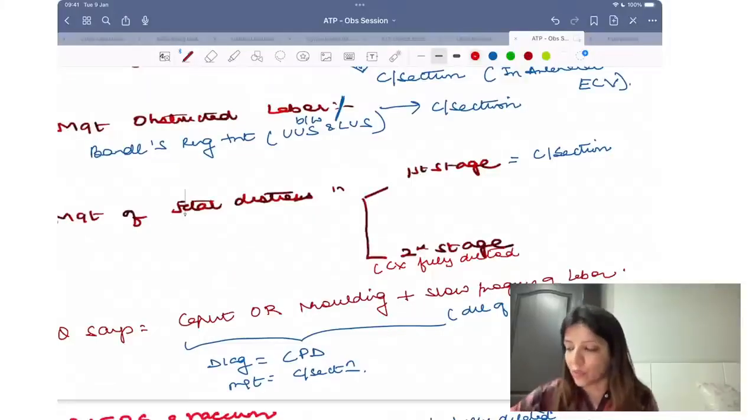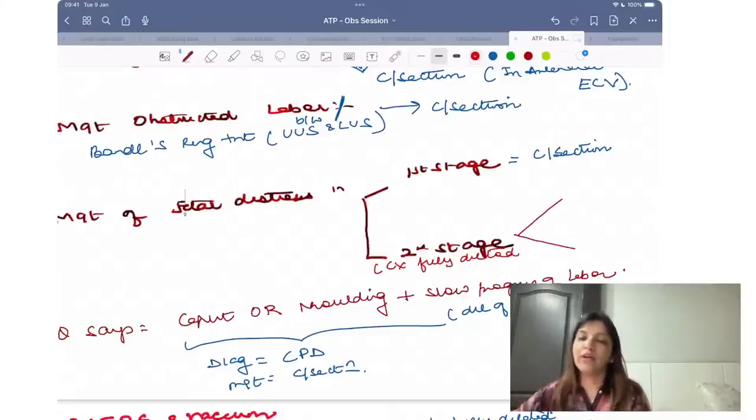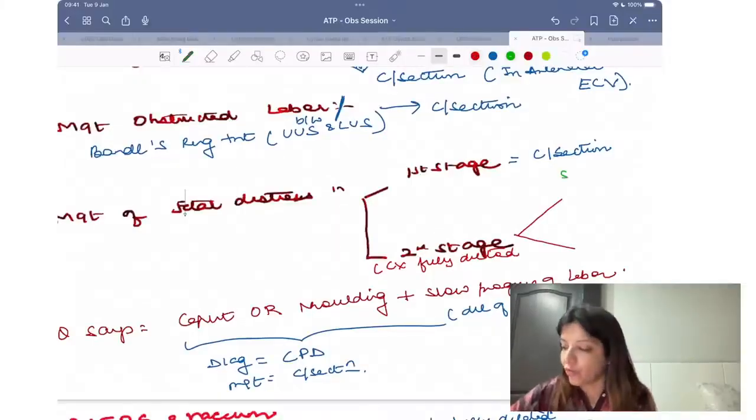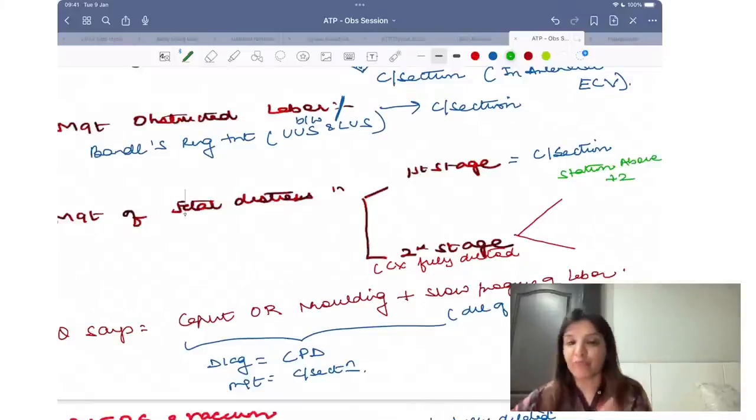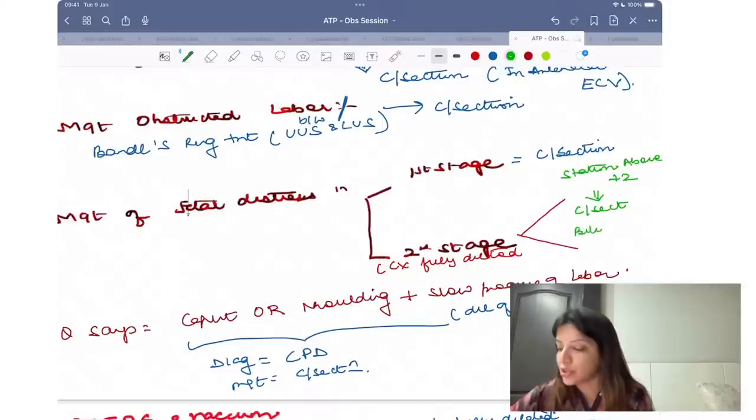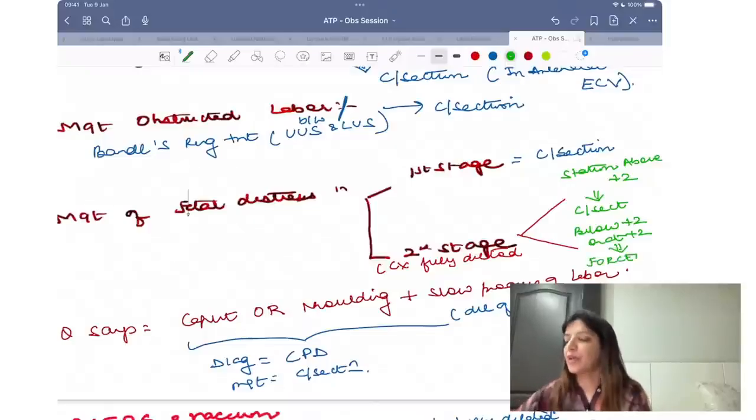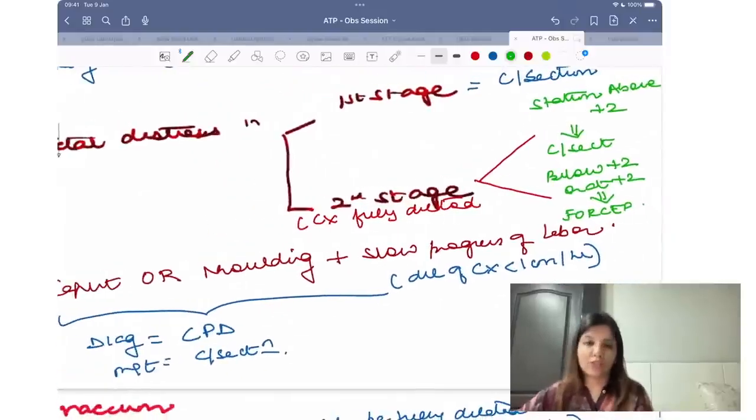In this case, in the question, you have to look for the station of the fetal head. If the station is above +2, go for cesarean section. And if the station is below +2 or at +2, then it's better to apply forceps.